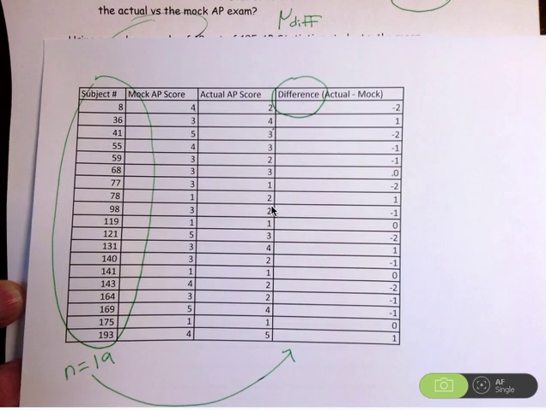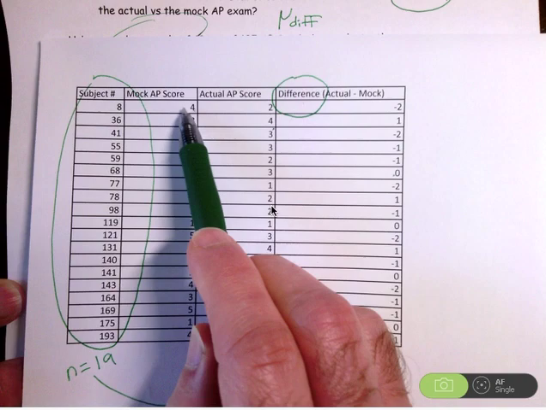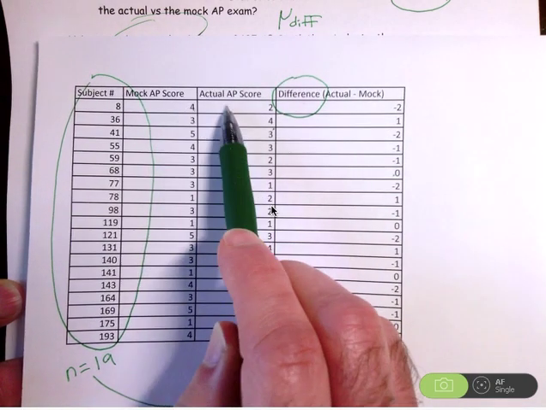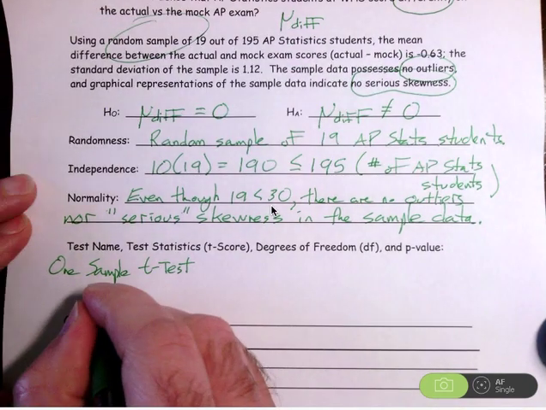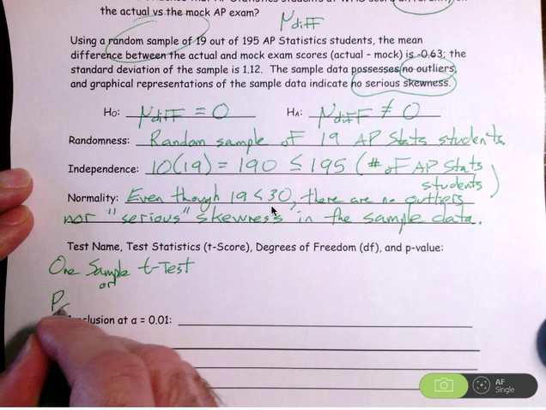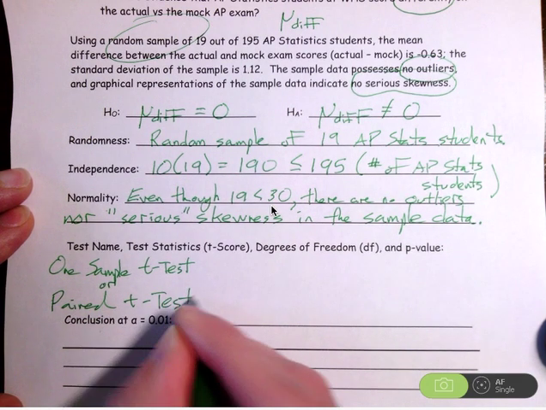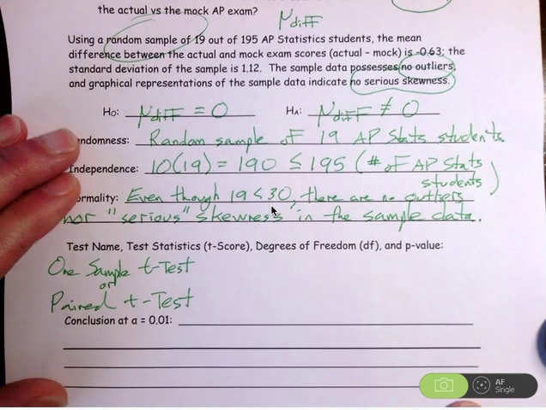Sometimes this is called a paired t-test because I have one sample of subjects, but I have pairs of observations for each subject. I'm looking at their actual versus their mock score. Again, I'm looking at a pair of observations for each subject.